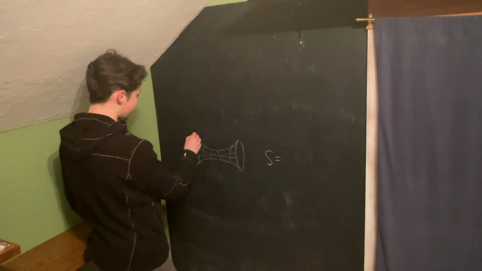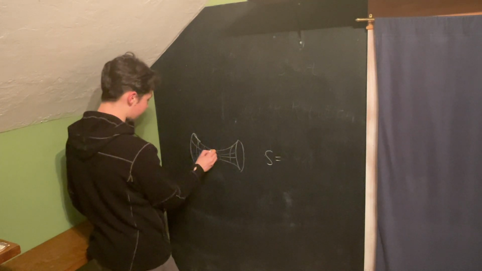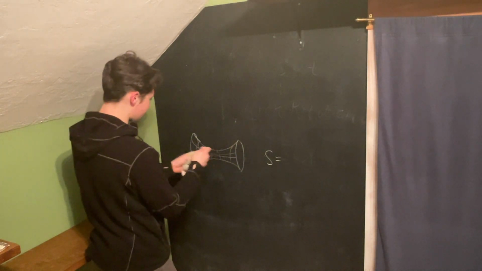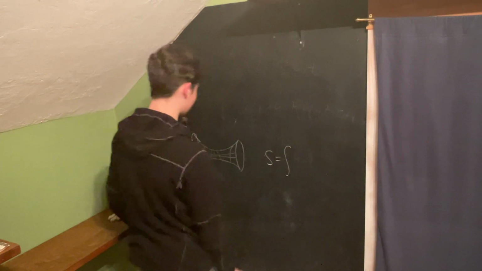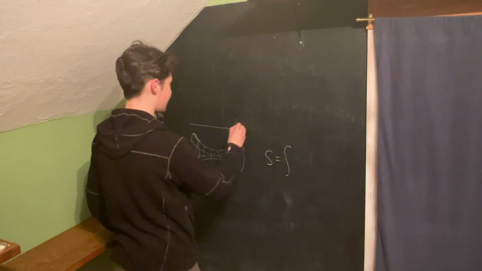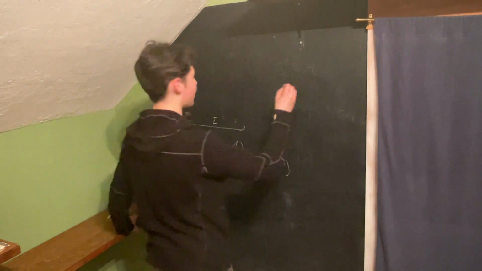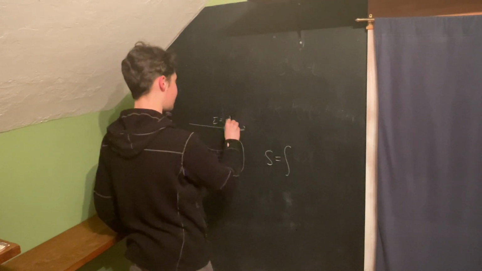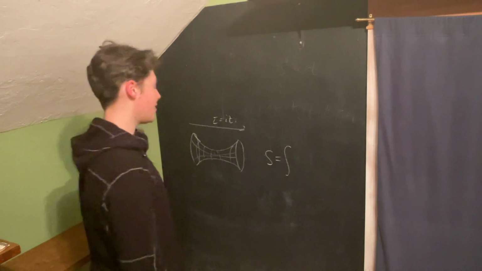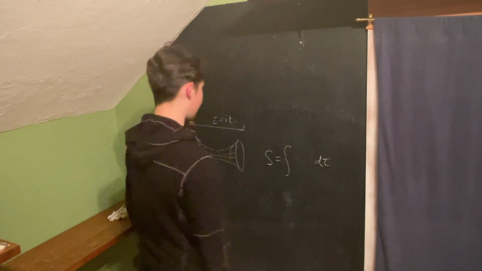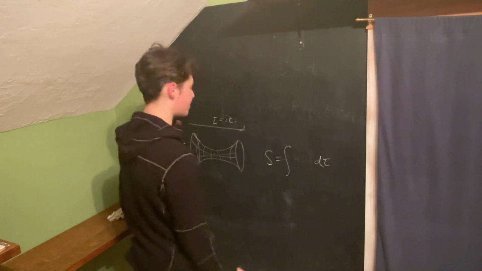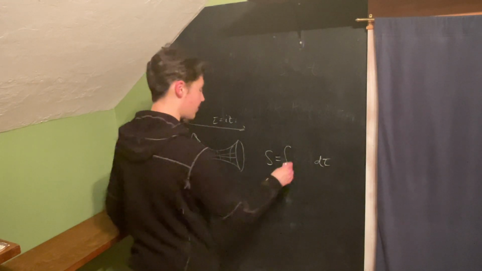So we can break this, as I sort of already did with this diagram, into a bunch of little steps and write the action as an integral over these steps. Now remember, this variable is time. I'm going to call it tau, where tau equals it. But either way, it's an integral over something like time, has units of time in natural units, which means it doesn't really mean much, but still.